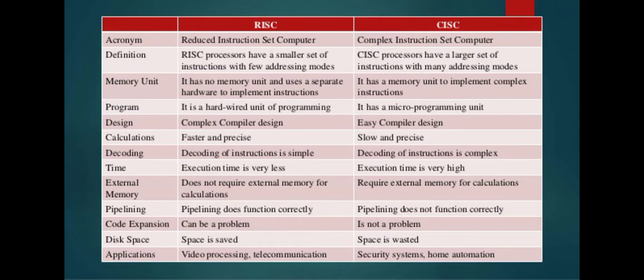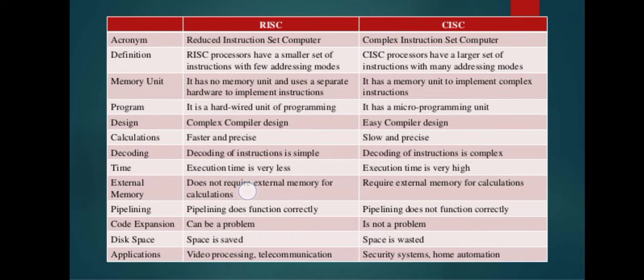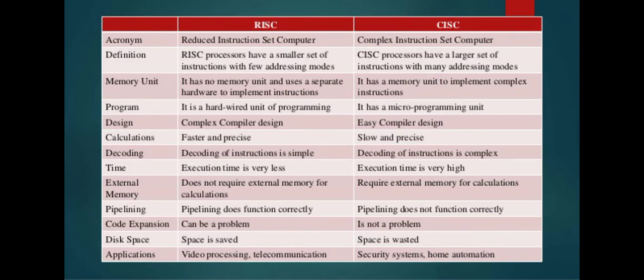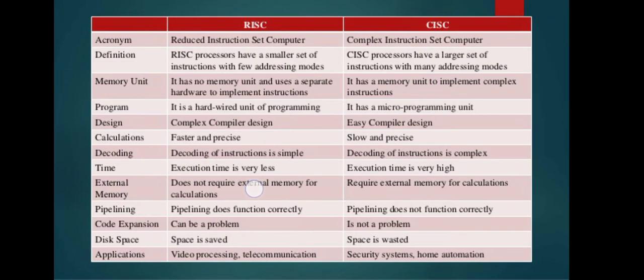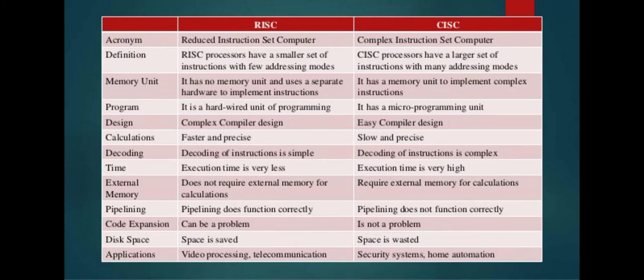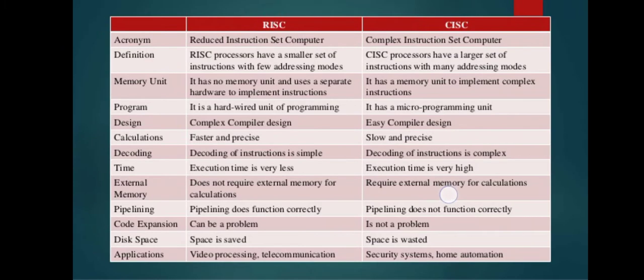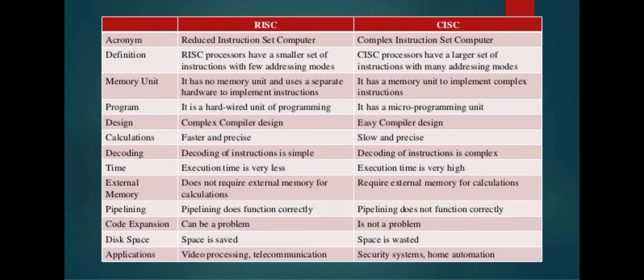External memory: RISC does not require external memory for calculation, while CISC requires external memory for calculations. Pipelining functions correctly with RISC, while with CISC pipelining does not function correctly.